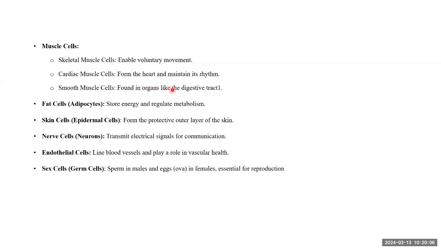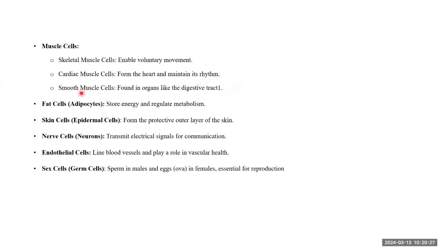They are found in organs like the digestive tract, in your blood vessels, and certain others like the ureter that carries urine from the kidneys to the urinary bladder.